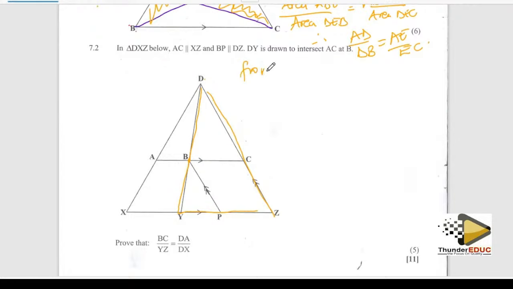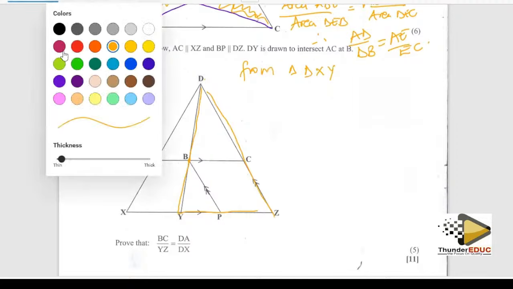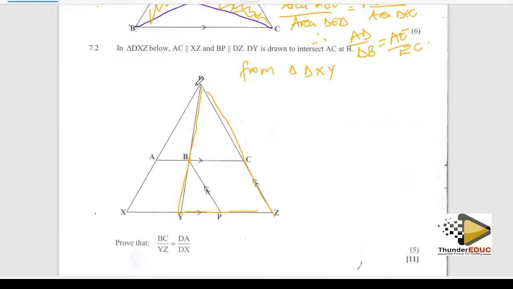So what I'm going to say is that from triangle DXY, this is our focus. What are we saying?